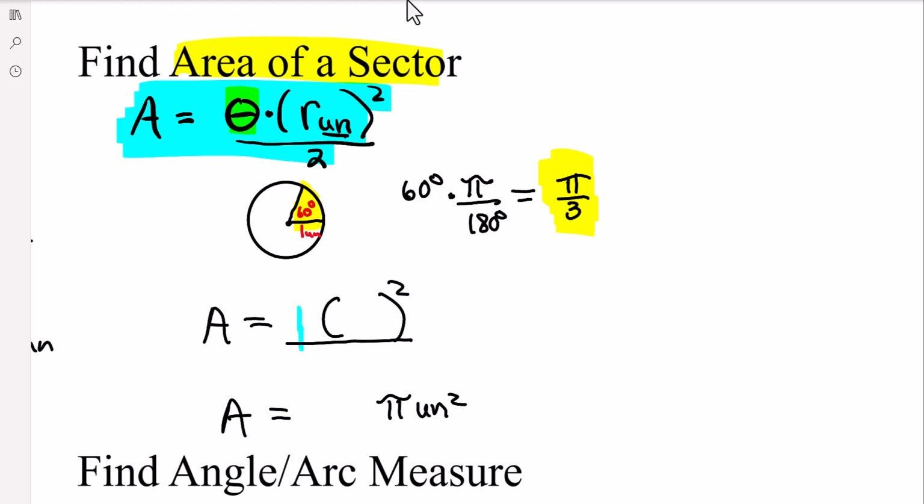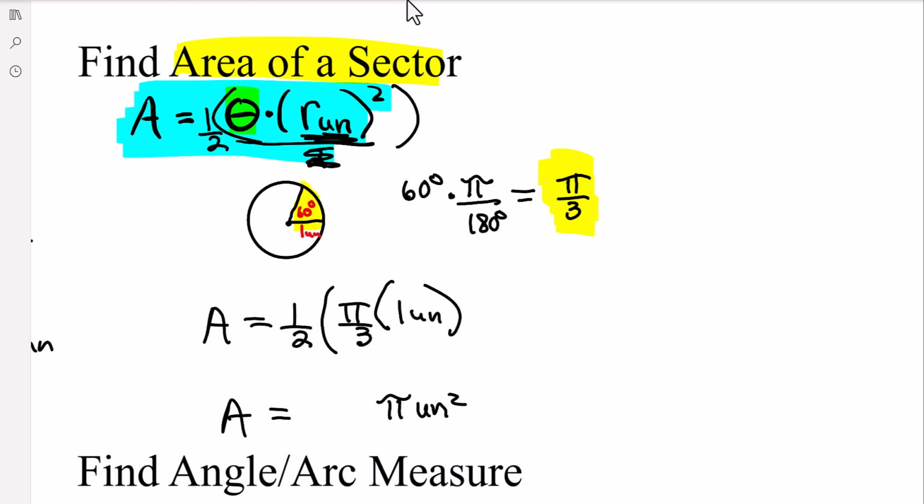Whoops. Let me go ahead and erase this to match up there. Or another way to say divide by 2, instead of that, we can just multiply this whole thing by 1/2 like that. So I'll do that. So 1/2 times our theta, which is pi thirds, times our radius, which is 1 unit, and then we square that.